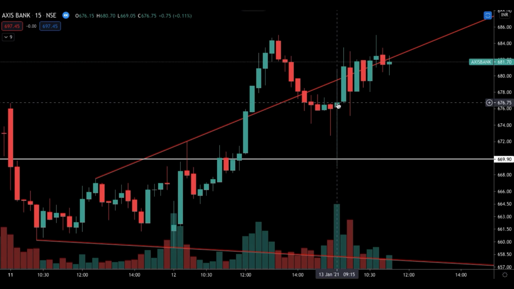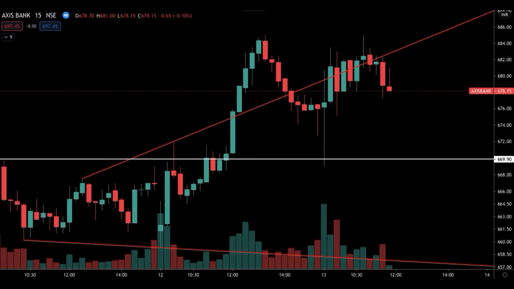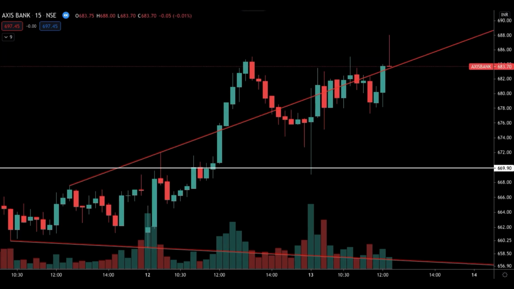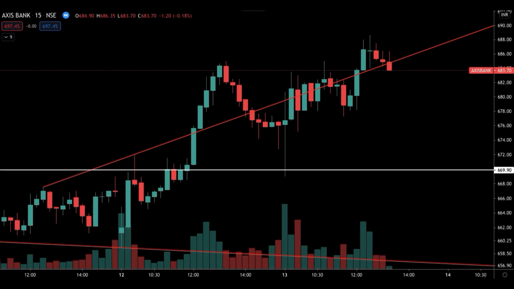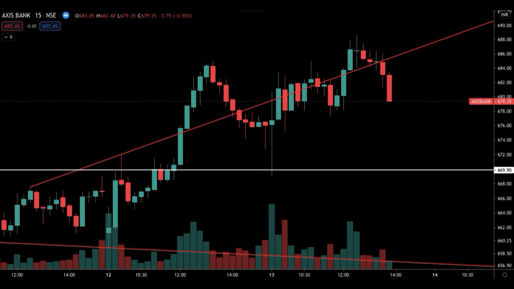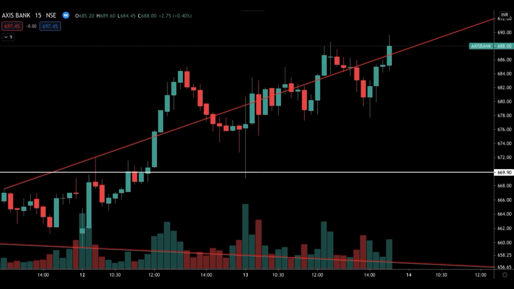But after that, the stock showed stability in the following. Now it starts to again fall, but again crossed the channel on the above side. Now again it has entered the channel, but it's in an uptrend.